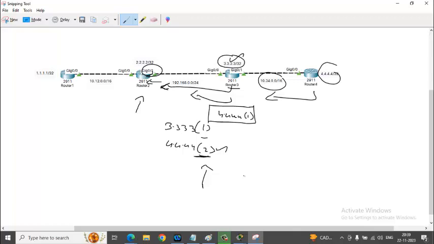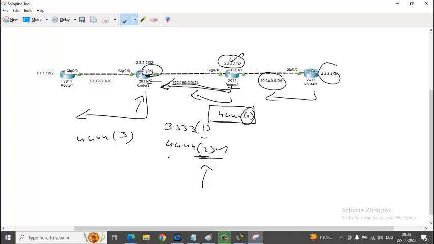To avoid that, split horizon is working here. Split horizon says, whatever you learned in this direction, you should not give back in the other direction. Whatever is learned on a port should not be sent back on the same port.